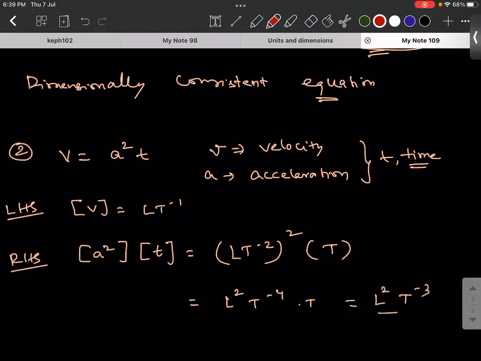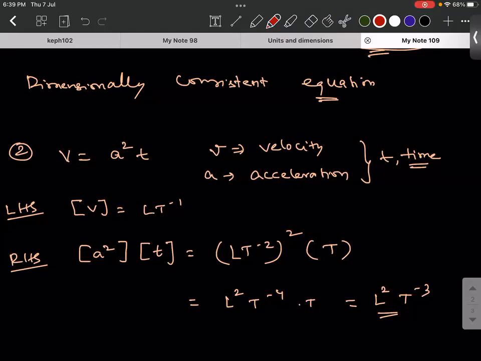L square T minus 3. That is right, because acceleration is velocity by time. Did you understand what I did? So this equation is not dimensionally consistent. It means velocity can never be acceleration square times time. It's always acceleration times time.